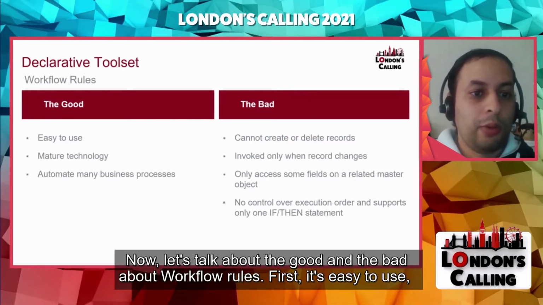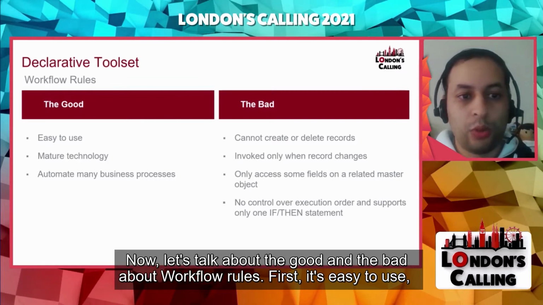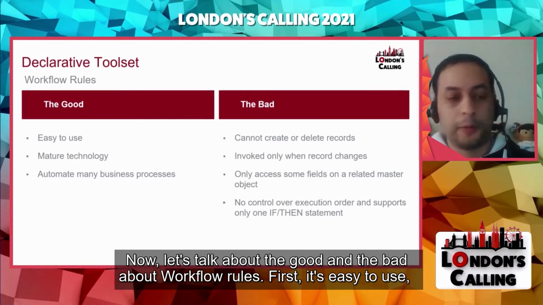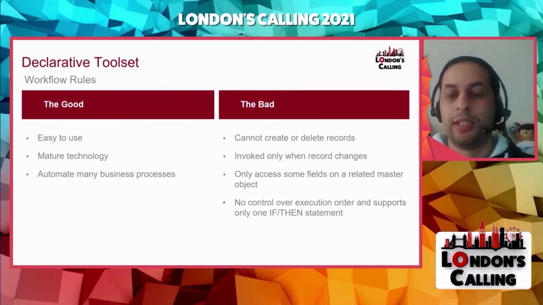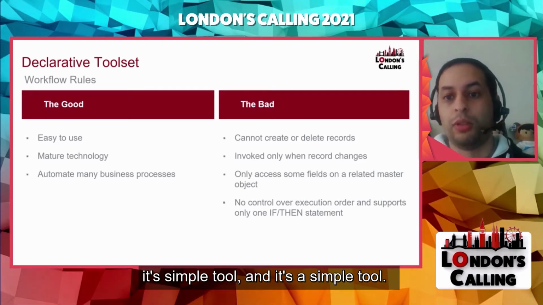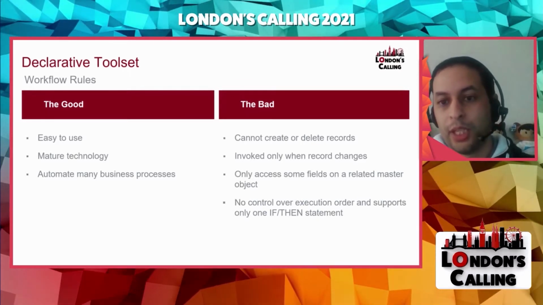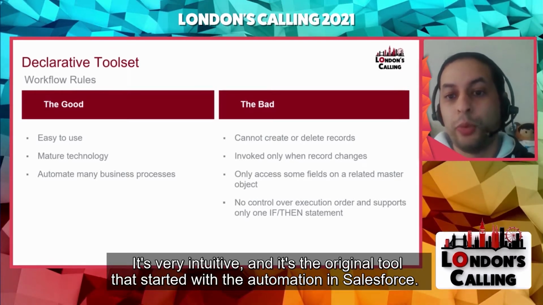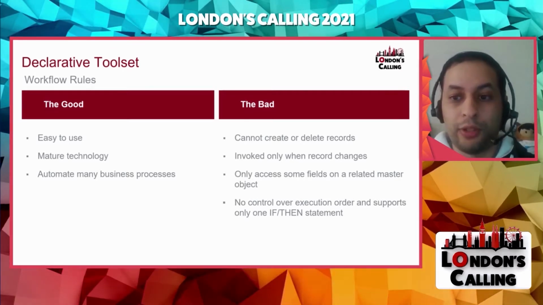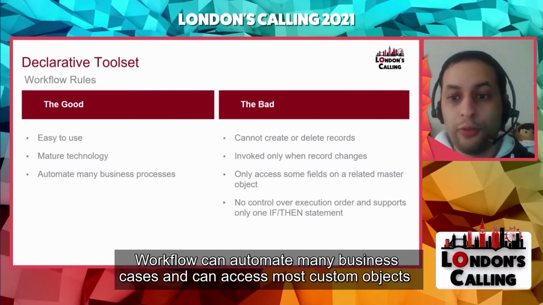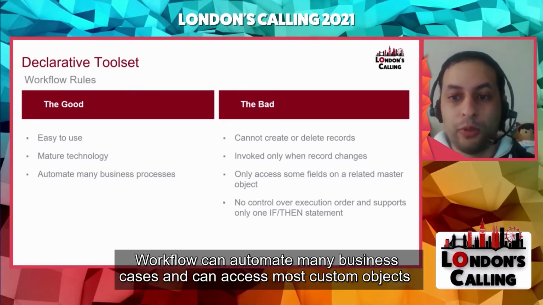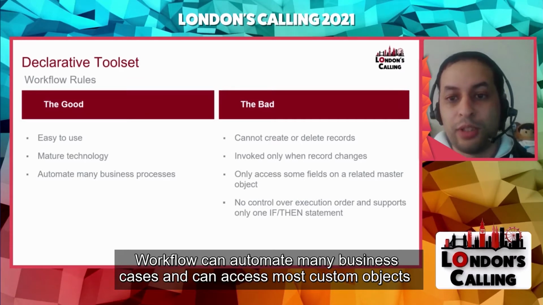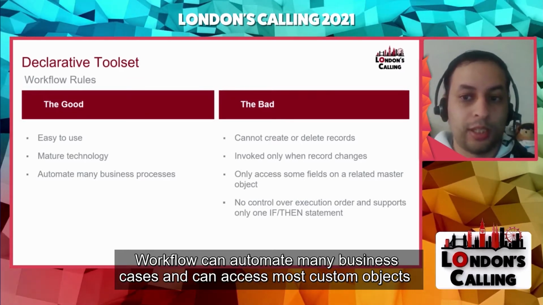And now let's talk about the good and the bad about workflow rules. First, it's easy to use. It's a simple tool. It's very intuitive. It's the original tool that started point and click automation in Salesforce. Workflow can automate many business processes and can access most standard and custom objects in Salesforce.